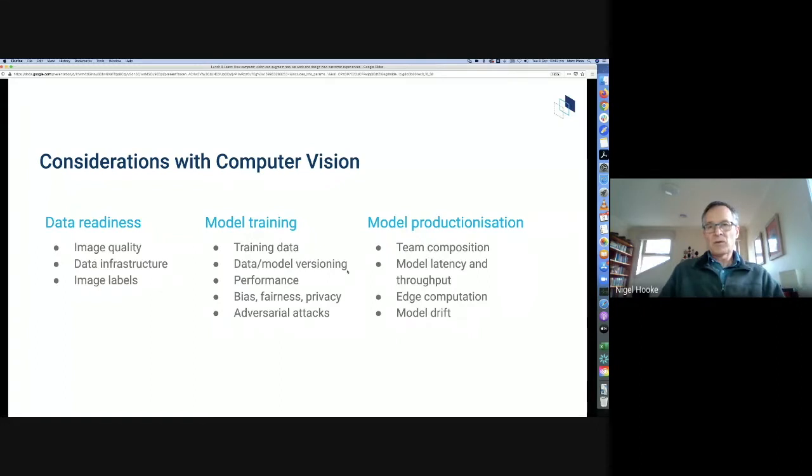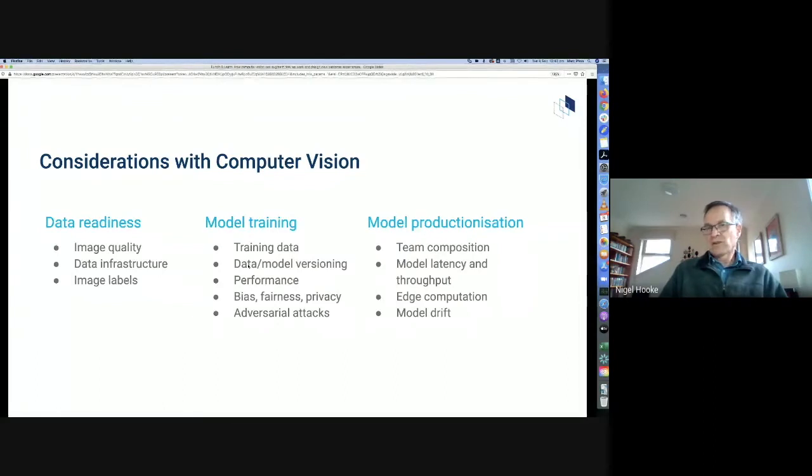And you end up with quite a few images, so you need to have some data infrastructure to manage and coordinate the way you handle sets of images. And then you need to go through these images and mark up each image, identifying which part of the image has the detail that you want the model to understand about.